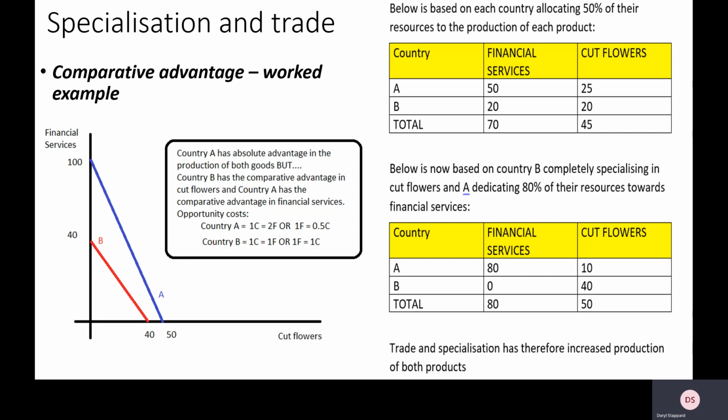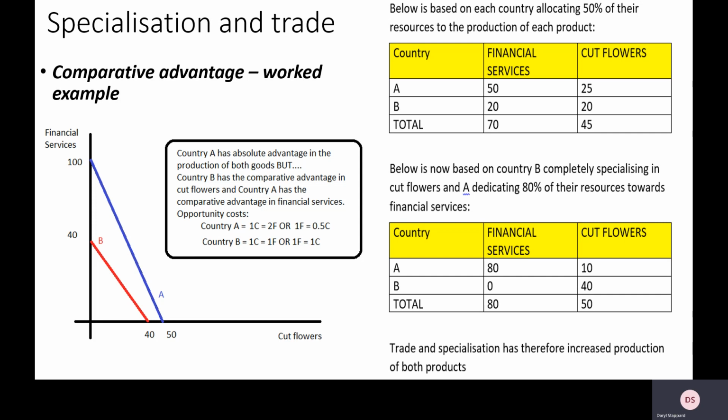Now, country A has got the absolute advantage in the production of both. With their resources, they can produce way more financial services and flowers than country B. So what you would argue is based on this, well, country A has got no benefit from trading with country B. It can produce both finance and flowers more efficiently using less resources than what country B can.